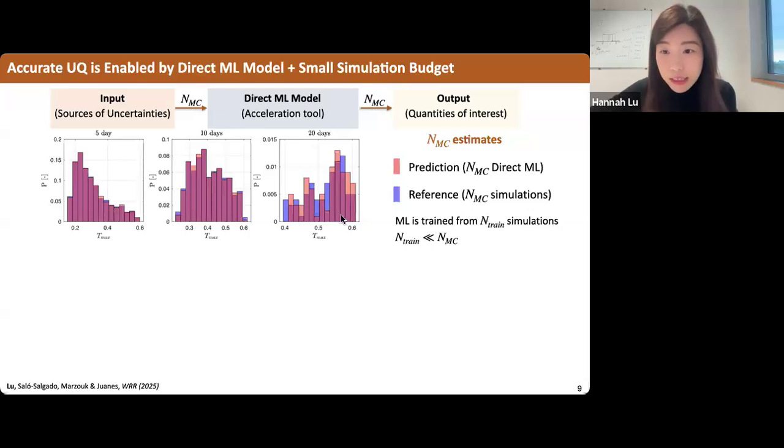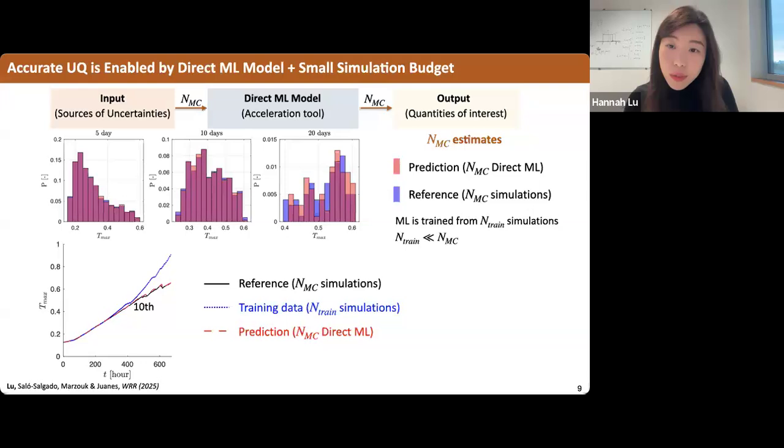As we can see here, although the distributions of the slip tendency change significantly over time, the machine learning model is able to capture the overall shape of the distribution. The differences between these two distributions increase over time as errors accumulate over iterations.